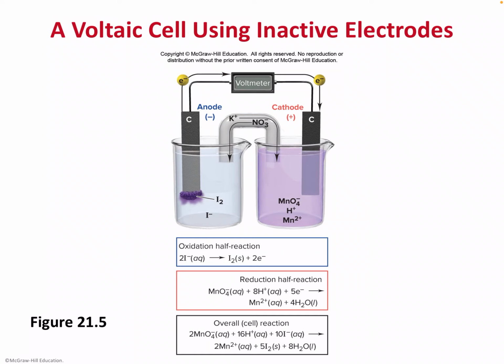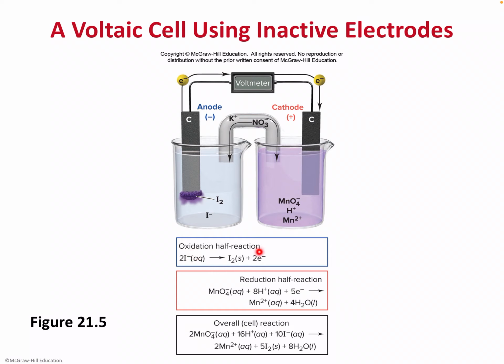So here's an example where we can use inactive electrodes. Here we have a carbon or graphite electrode. And this one also a carbon graphite electrode. Oxidation reduction reaction happens between iodine and potassium permanganate. So for both of these we cannot have metals. So iodine is a solid right here, this purple stuff, but you cannot have a strip like this, an iodine strip.